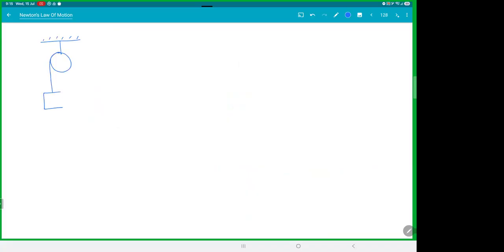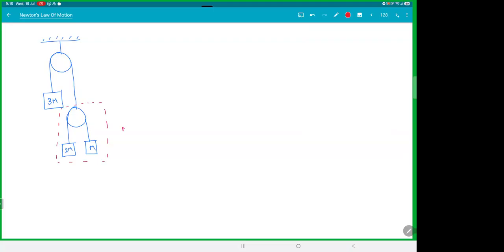So we call it pulley equivalent. So this was 3M. This is 2M and this is M. So this thing is not equal to 3M, but it is something else.